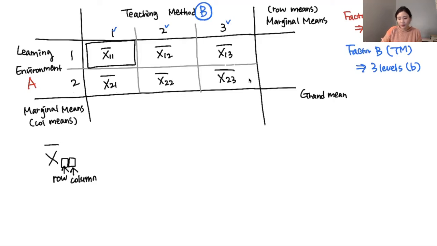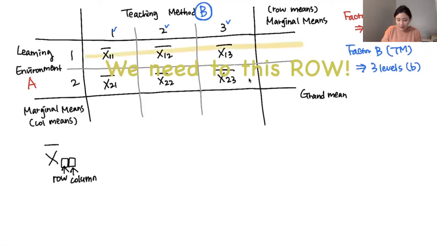And we also need our marginal means, which we usually call row means and column means. See row means first. In this row, only the second number, the column number 1, 2, 3, is different, and we have all ones in the first number.